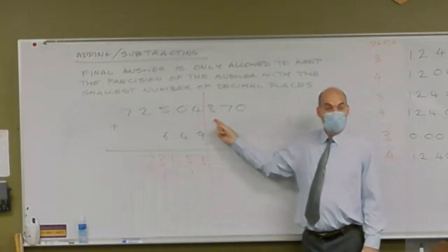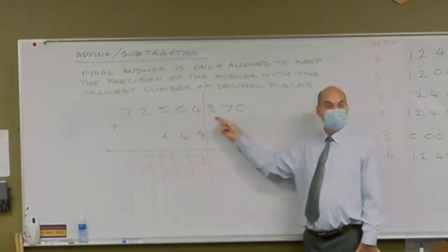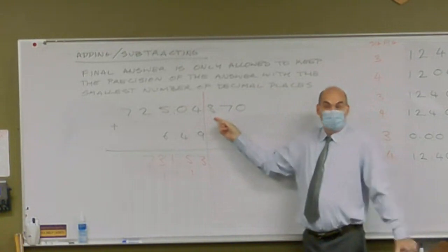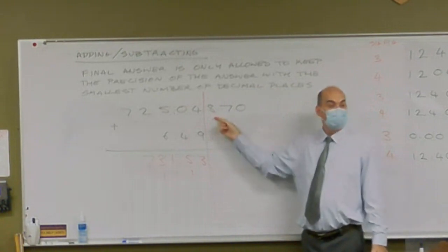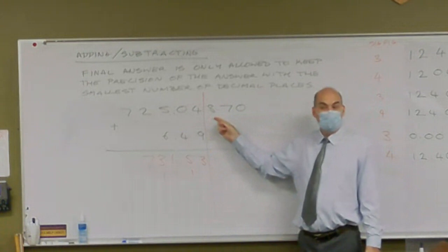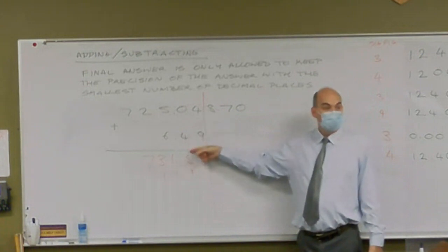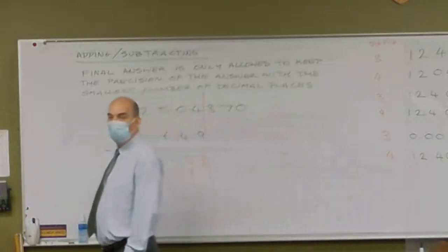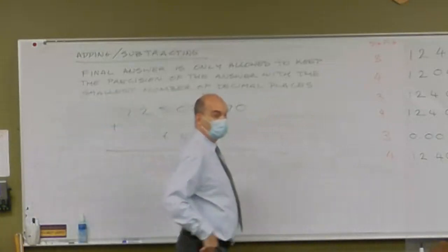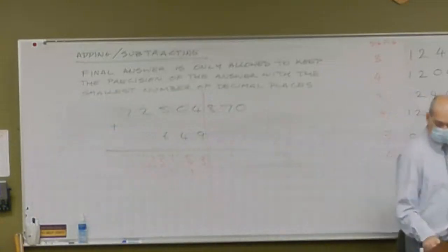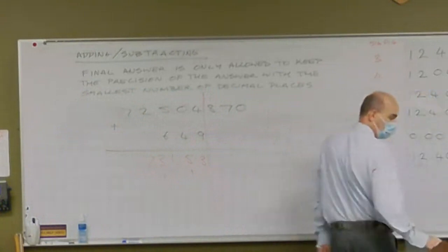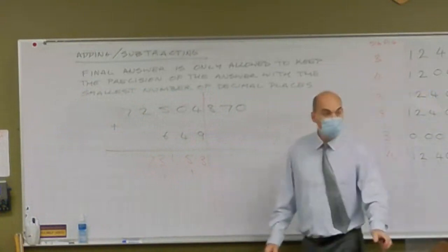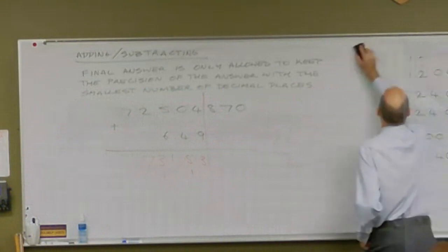The person that puts in all of that effort, your work is lost because you've combined it with something that was imprecise. Adding and subtracting limits you to the smaller amount of decimal places. That make sense? Okay.